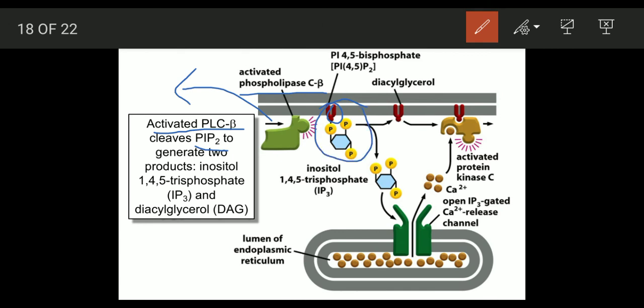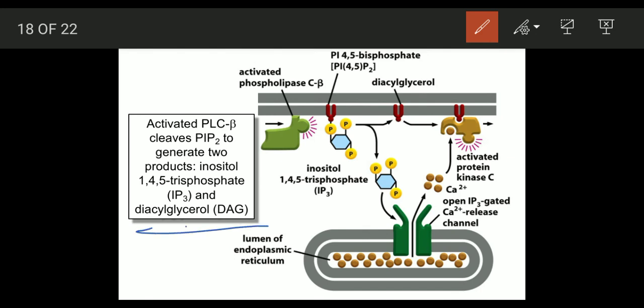This activated PLC beta cleaves PIP2 to generate two products, and they are inositol 1,4,5 triphosphate, IP3, and diacylglycerol.